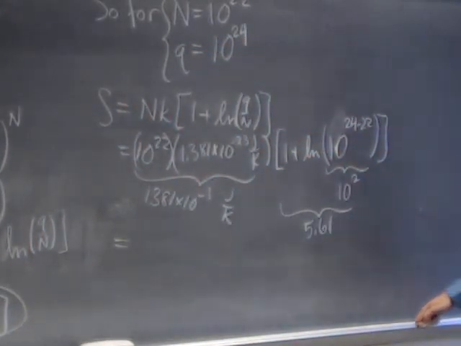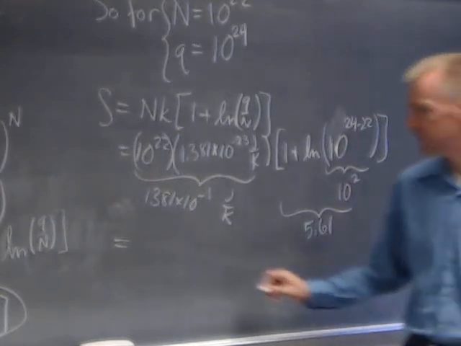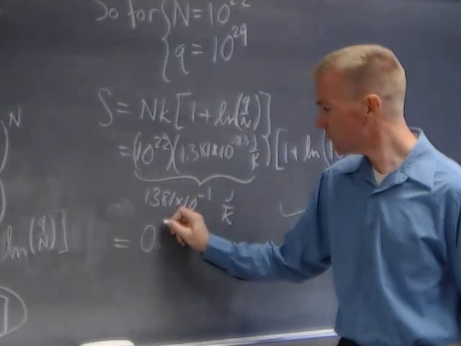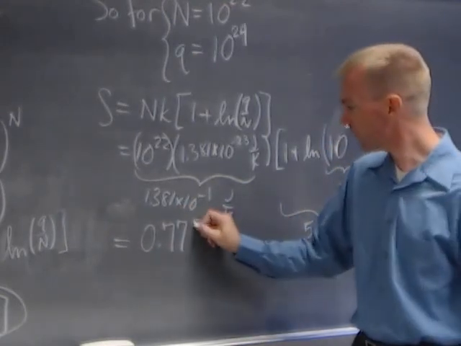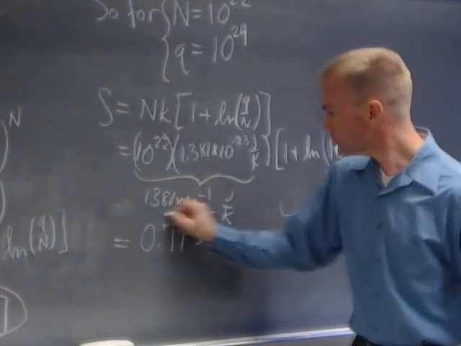We're going to get something slightly less than 1. And what do we wind up with? Okay, 0.775 joules per Kelvin.